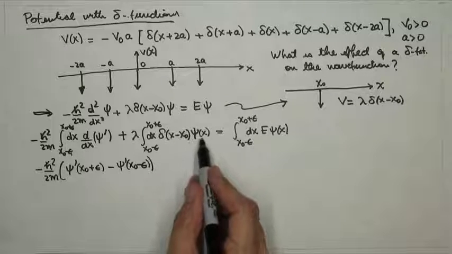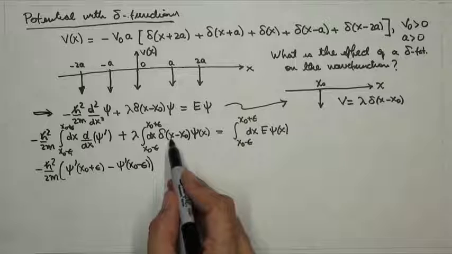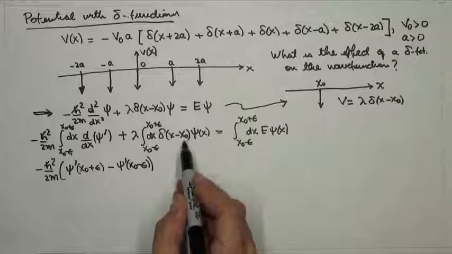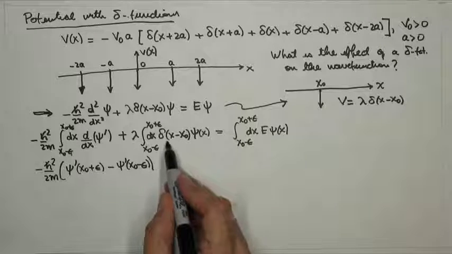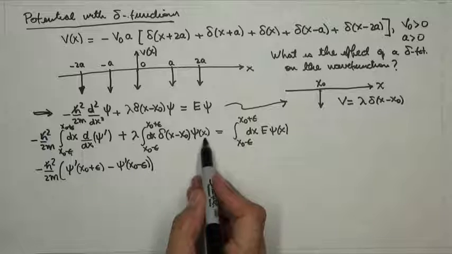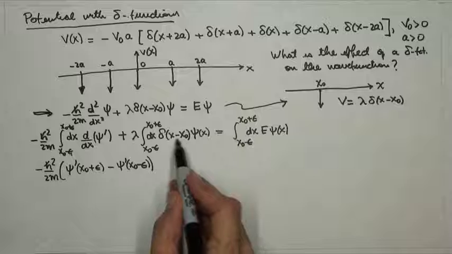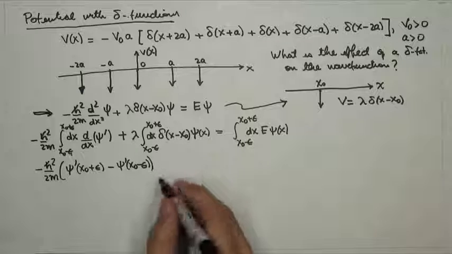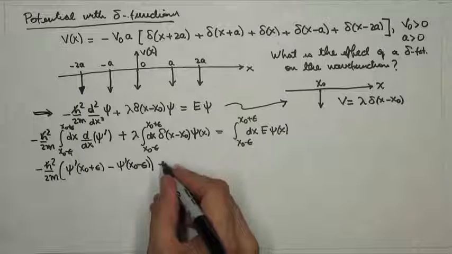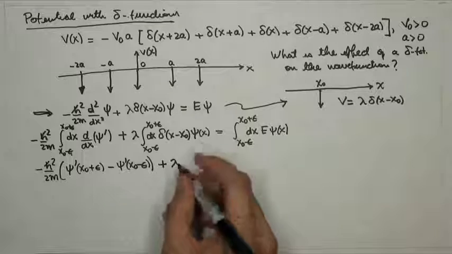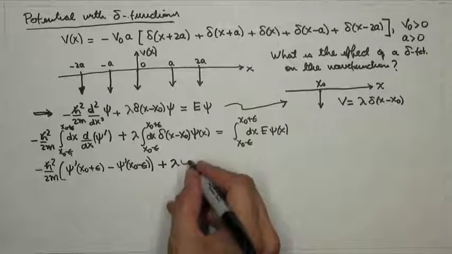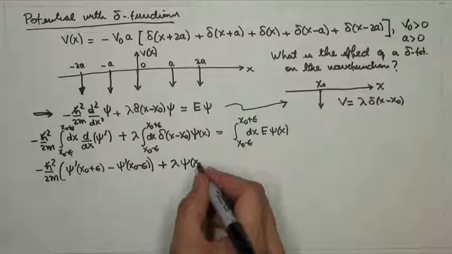They just fire at the point where the argument of the delta function is 0. So this will give us just psi at x0 because, happily, the point where it fires is within the interval of integration. So we get here plus lambda times psi of x0.